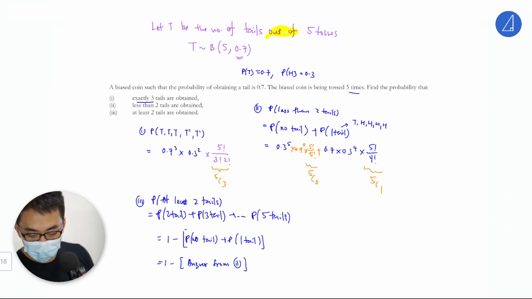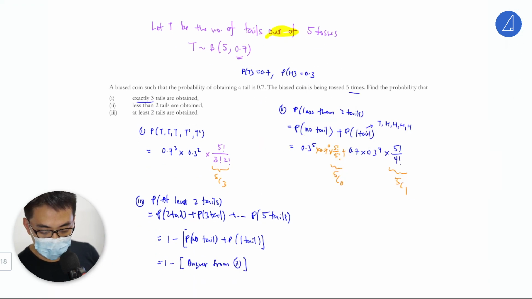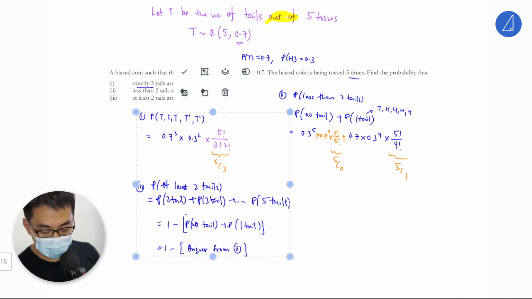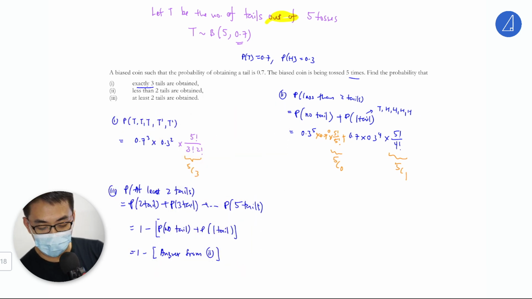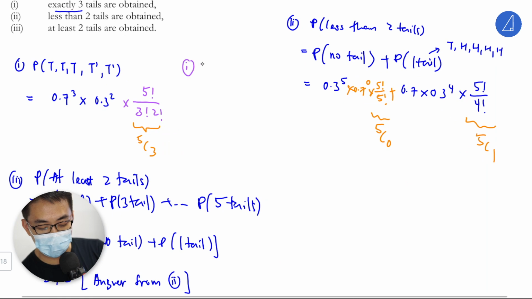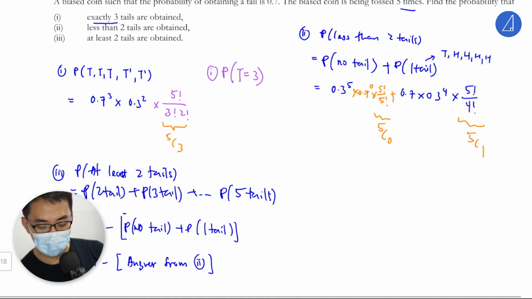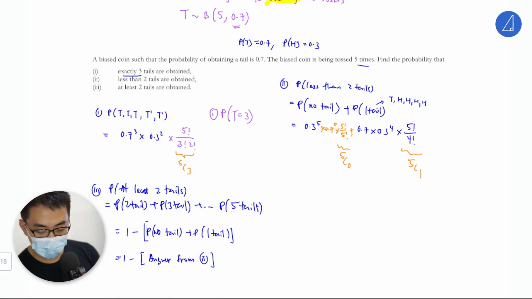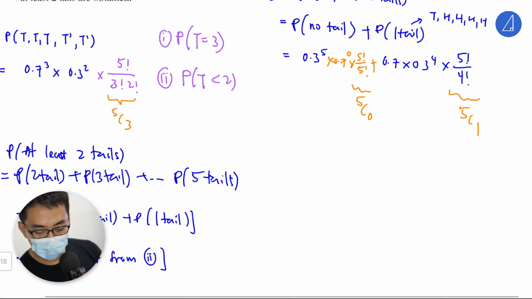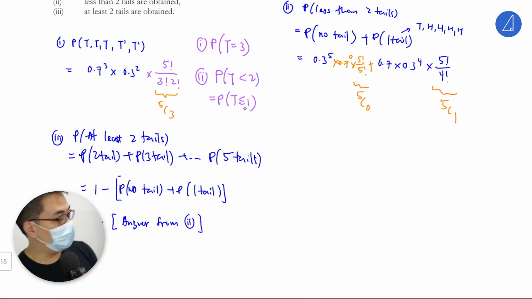When we do a binomial, part 1 is P(T = 3). Part 2 will be P(T less than 2), so it's actually P(T at most 1). The calculator will only take at most 1.